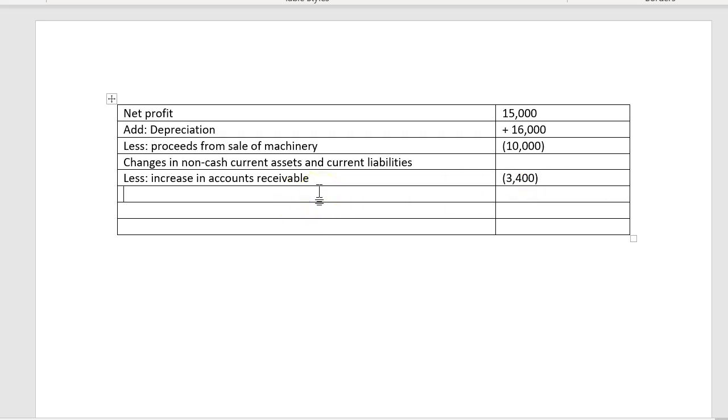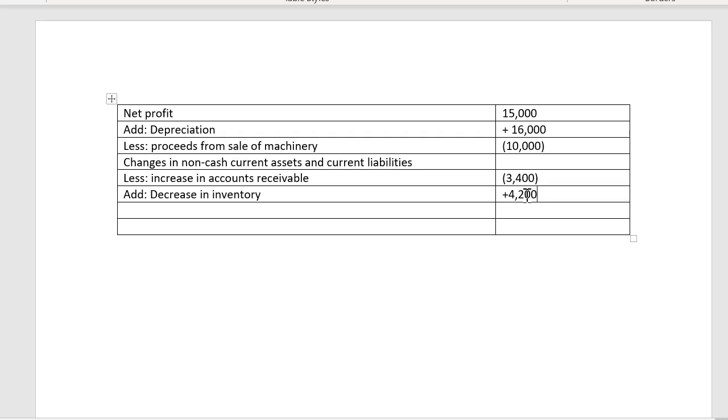Next is inventory. Check whether inventory increased or decreased from the previous year. Inventory has decreased by 4,200. A decrease in inventory is a credit, so you add 4,200.